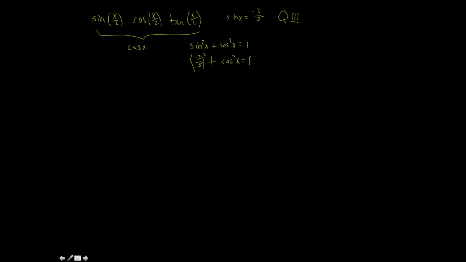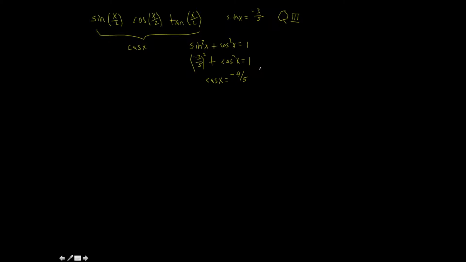So we can substitute that in. Because we're in quadrant 3, we know cosine is negative. So you can get cosine x very easily to be negative 4/5.